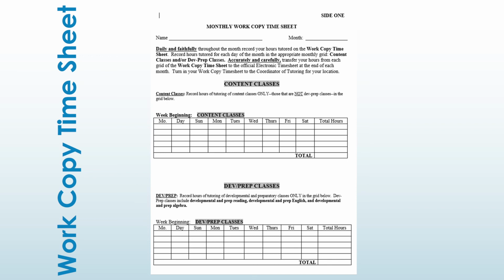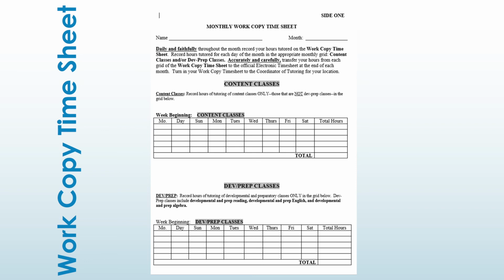Let's take a minute to look at the work copy timesheet so you are familiar with how to record your hours electronically. As you see, there are two sections or grids that can be completed. One is the content grid and one is the prep and developmental grid. The only time you record hours in the prep developmental grid is if you're tutoring a student on a prep or developmental course.